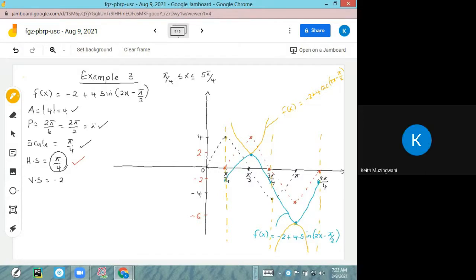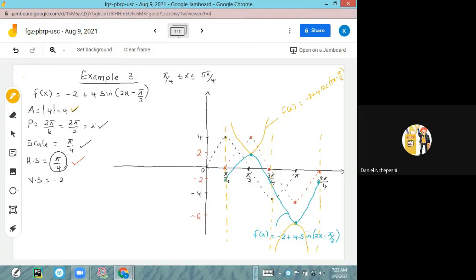That's what I'm saying: when you're using this method, you need to understand all the properties and how they are used. The amplitude is your stretch for the original curve. The original curve is the one that comes directly from the period and the scale.